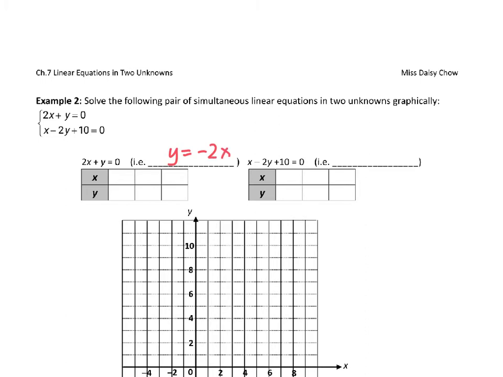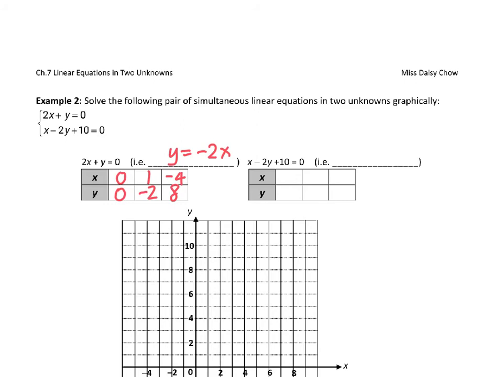For example, I will substitute x to 0, so -2 times 0 would be 0. And then I will substitute 1, so -2 times 1 would be -2. And then I will substitute x equals to -4, so -2 times -4 you will have positive 8.